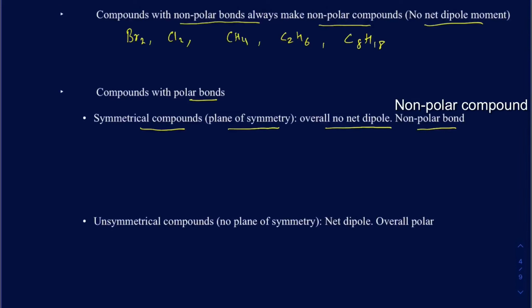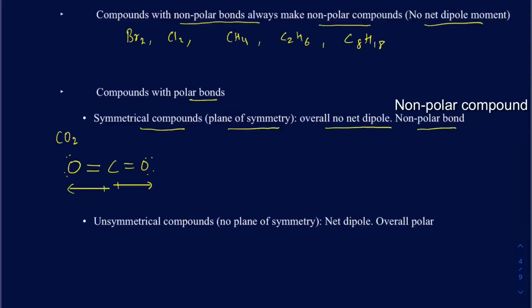We talked about CO2 earlier, and we have drawn the Lewis dot structure of CO2. And when I look at this carbon-oxygen bond, remember oxygen is more electronegative than the carbon, and as a result, you're going to have one dipole going this way, and another dipole going this way.